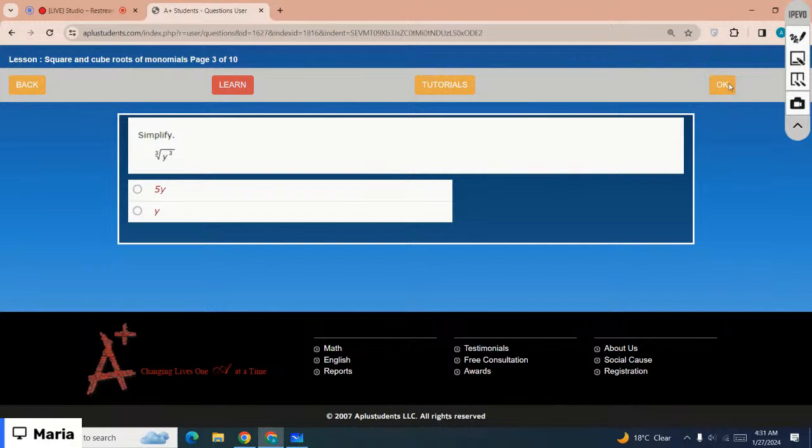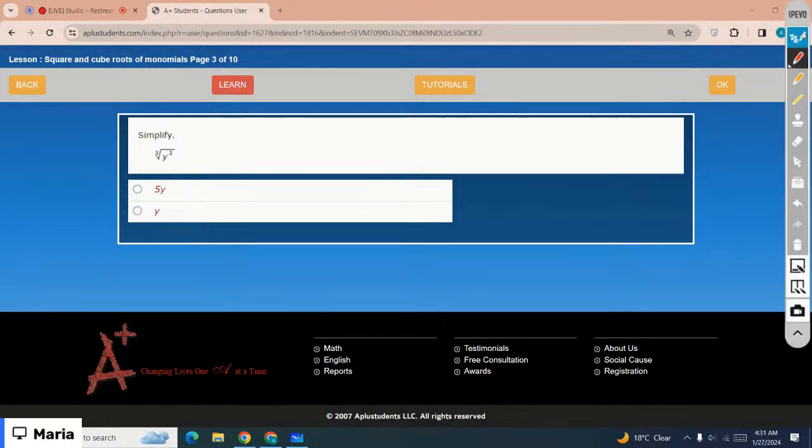That is y. The correct option is simply y because that is a cube root, right? It is like this. You can write it as y cube to the power 1 over 3. You simply need to multiply both the powers. 3 times 1 over 3, you are left with y^1, that is simply y. The correct option is y. Got it?